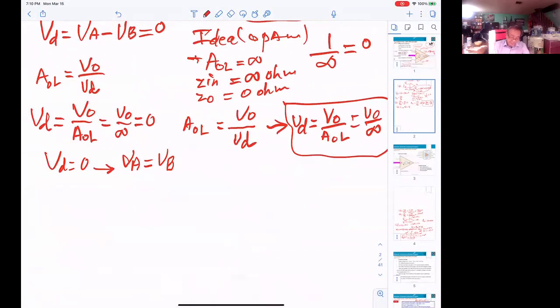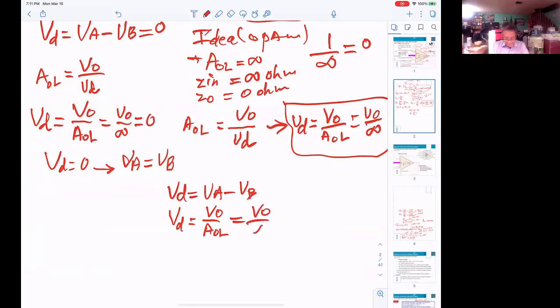That's what I'm telling you. VD equals VA minus VB, and basically VD equals V out divided by AOL, V out divided by infinity. That's why VD is 0. VA minus VB equals 0.